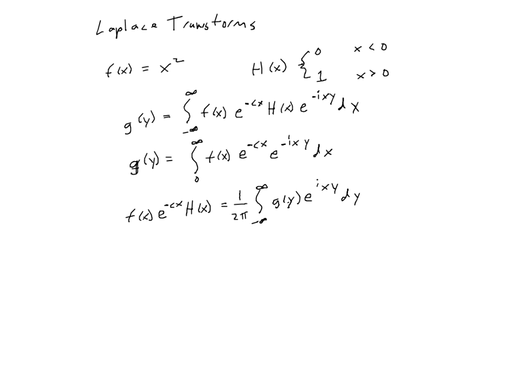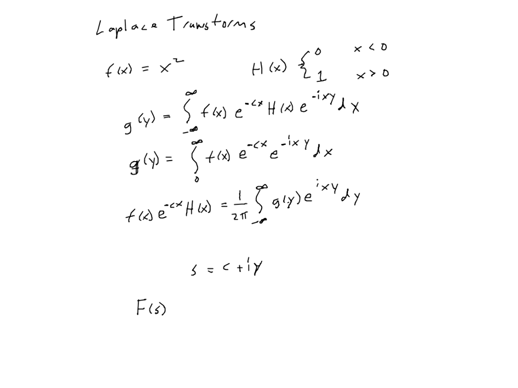This looks a lot like a Fourier transform in a lot of ways. The only difference is that instead of integrating with respect to just the i x y, you're integrating with the combination of an exponential function and the i y, which we'll call s.